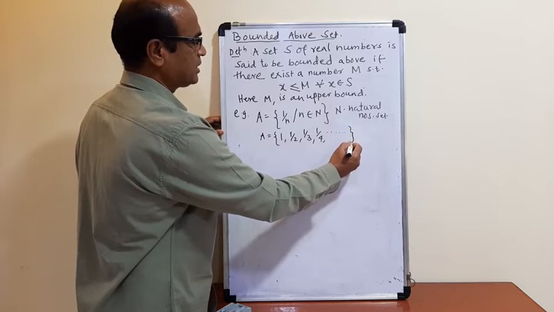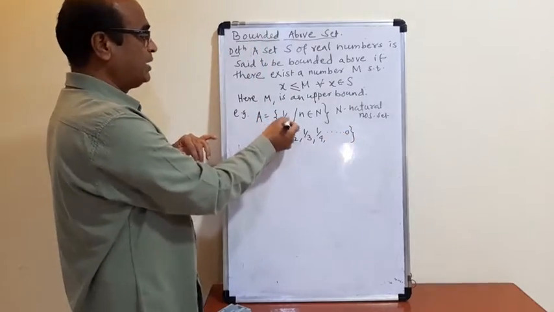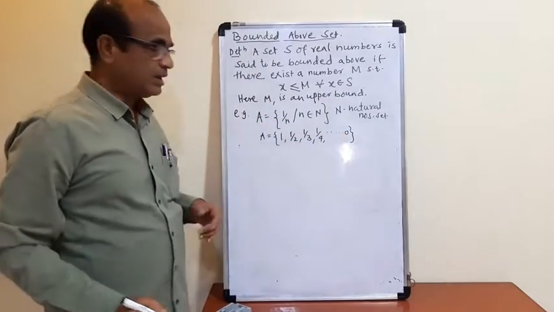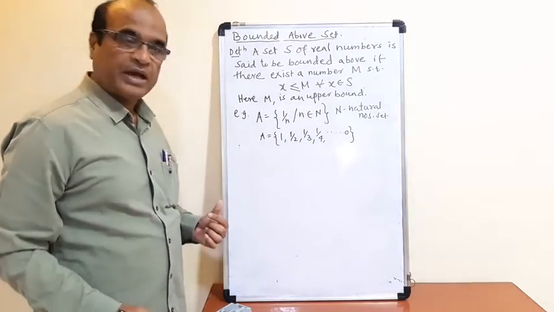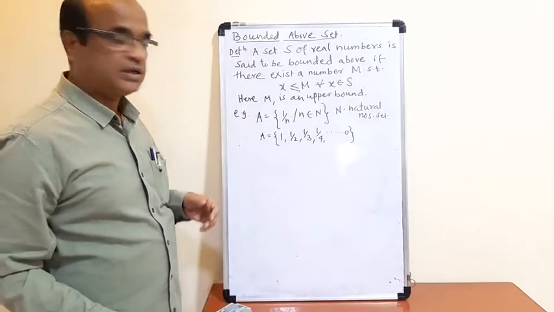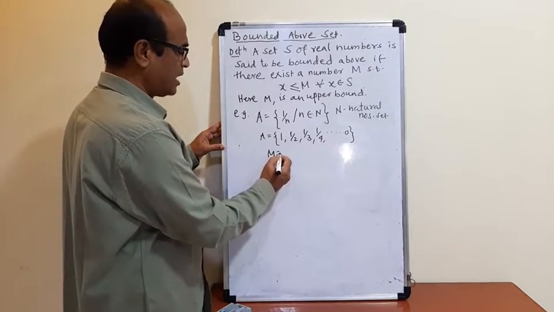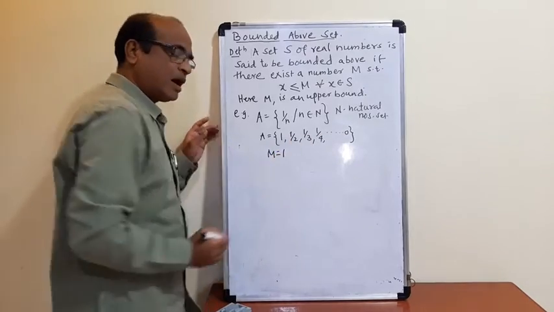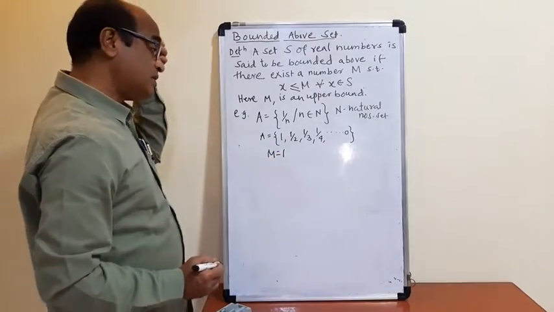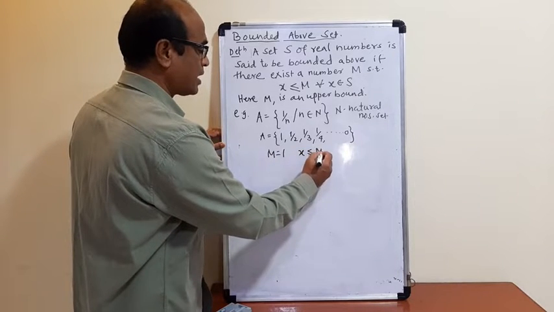So the last element here, as n tends to infinity, 1 upon infinity, is 0. So this is the set. Is it a bounded set? The upper bound of the elements of this set is 1, and all x are less than or equal to 1.